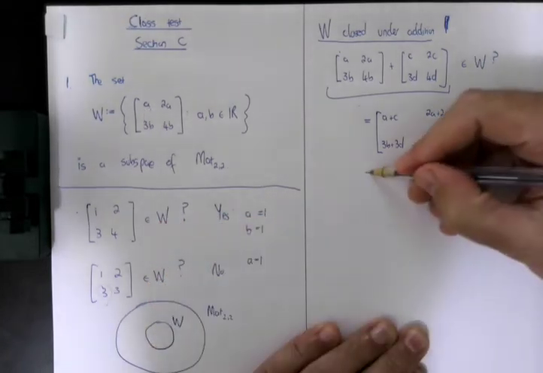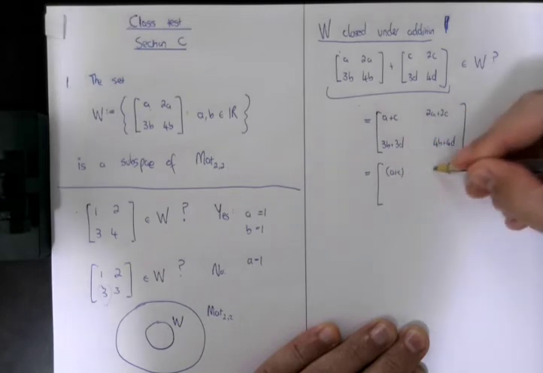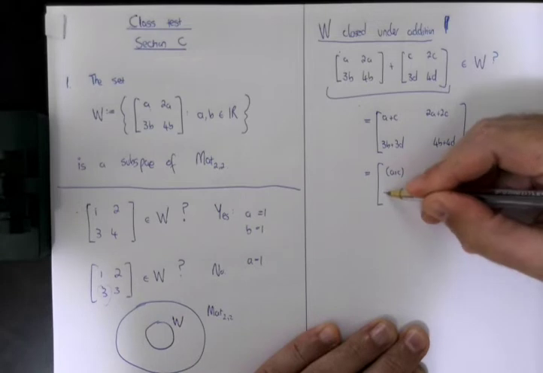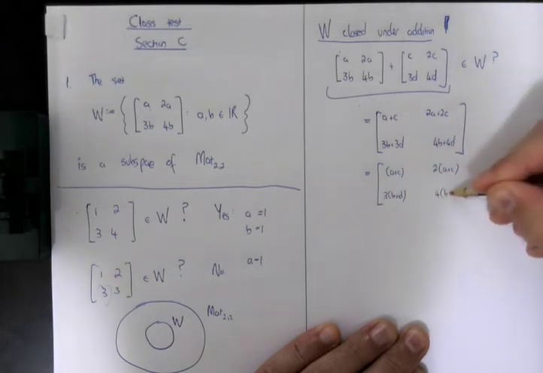In order to do that, I can write this as A plus C. And then I can take the factor of 2 out here. I get A plus C. Over here I can take a factor of 3 out. Here I can take a factor of 4 out.